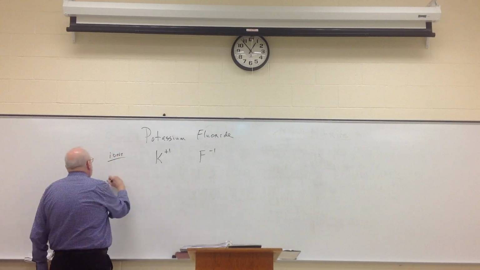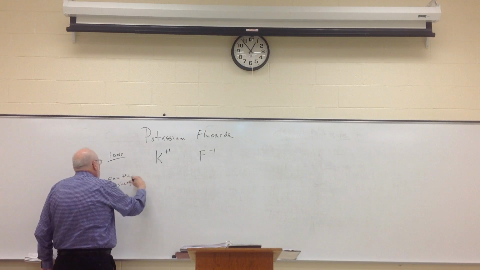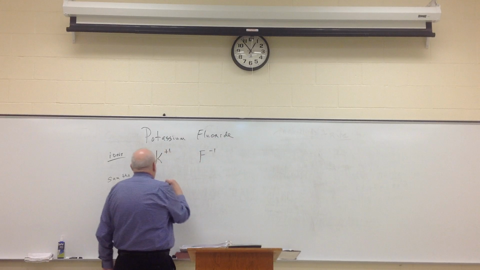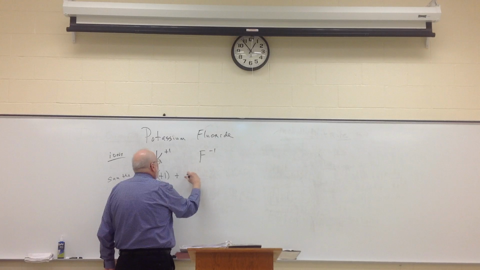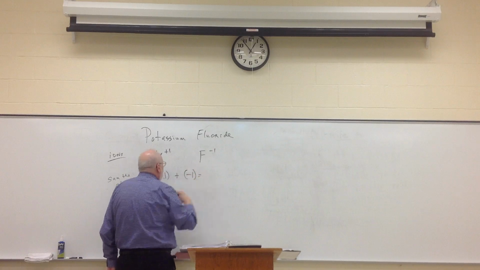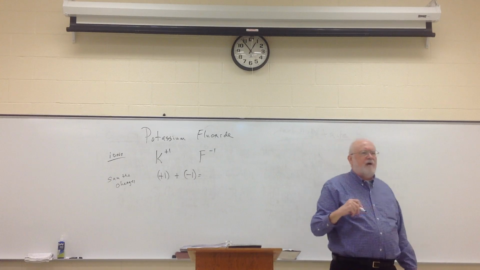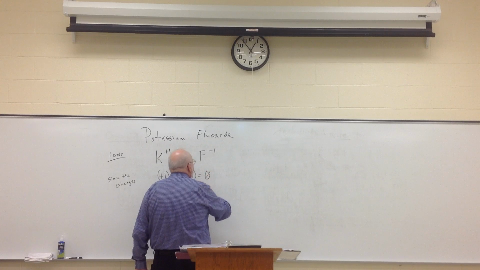Now, the next thing we want to do, sum the charges. All right, potassium is plus 1, fluoride is minus 1. What do you get when you add together a plus 1 and a minus 1? 0. All right.